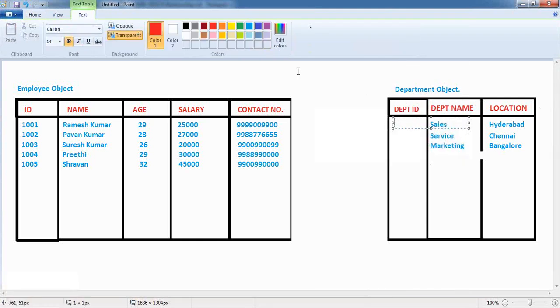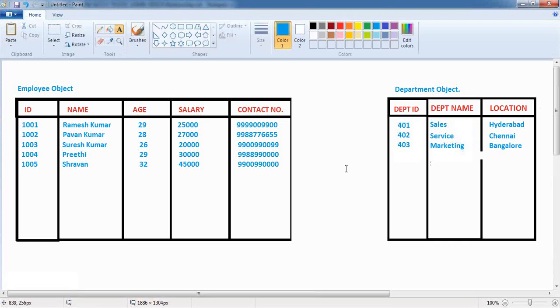For the sales department, I'm going to allocate some ID over here, that is 401. For the service department, I'm allocating one more ID, 402. For the marketing department, 403. So these are the IDs I have allocated now.